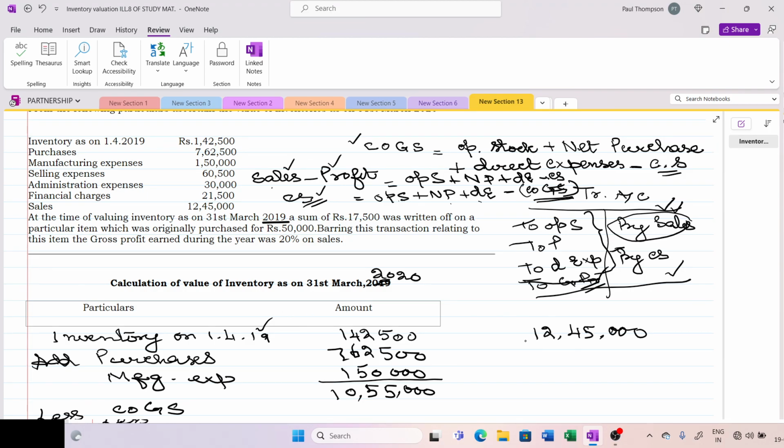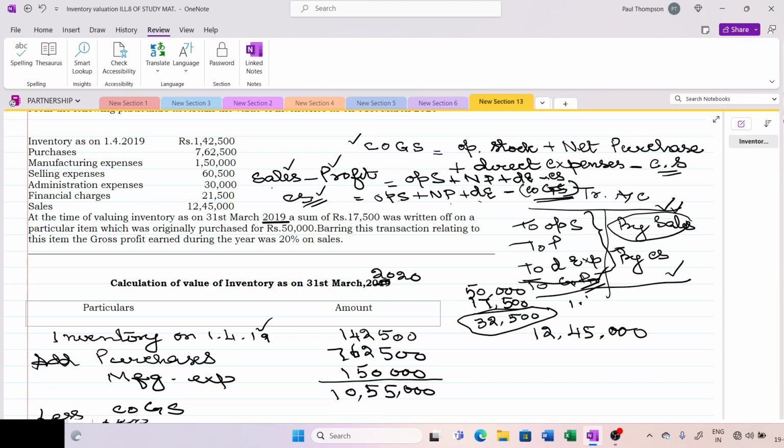A sum of 17,500 was written off on a particular item which was originally purchased for 50,000. So the item was valued at 32,500 on 1/4/19.